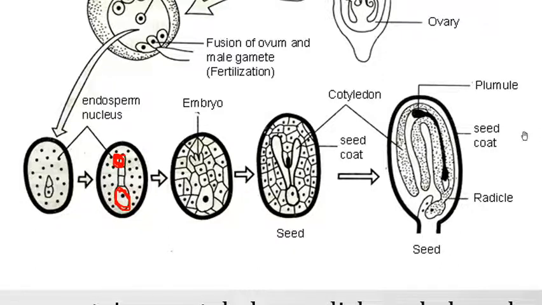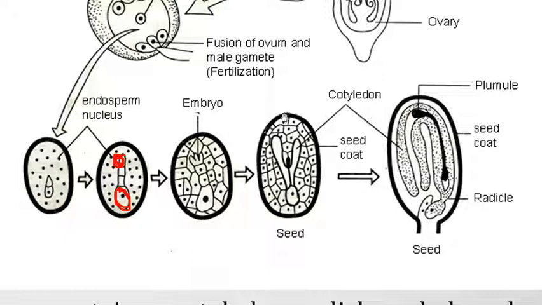The bottom cell of the embryo, the basal cell, produces the radicle, which will form the root when germinated. The cotyledon is a leaf-like structure that will decay after some time, but the plumule produces the shoot part of the new plant.